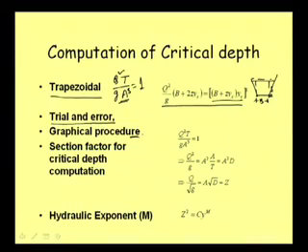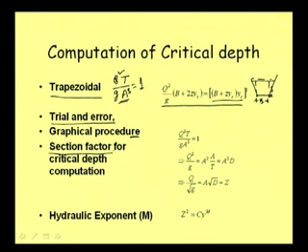Of course, now with the advent of computers, we can get it very easily, but otherwise if we go for hand calculation, this is really problematic, and that is why some graphical procedures were also developed. In the graphical procedure we use a term called section factor.